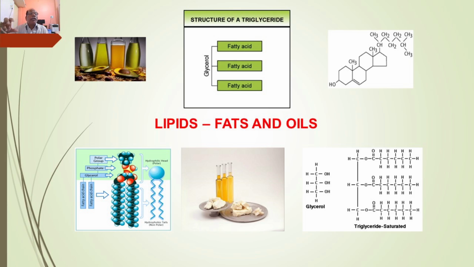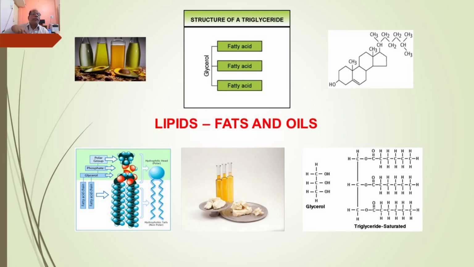and each layer of the lipid consists of a layer of phospholipid, mainly composed of the glycerol head, composed of glycerol together with a phosphate, and the chain of fatty acids.